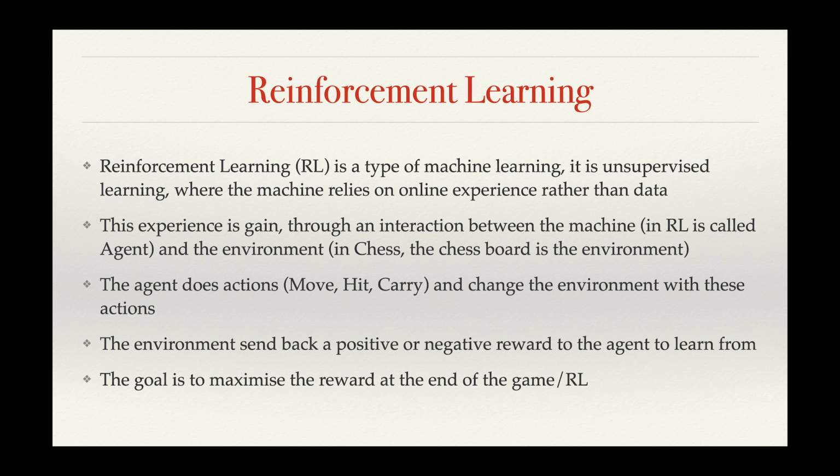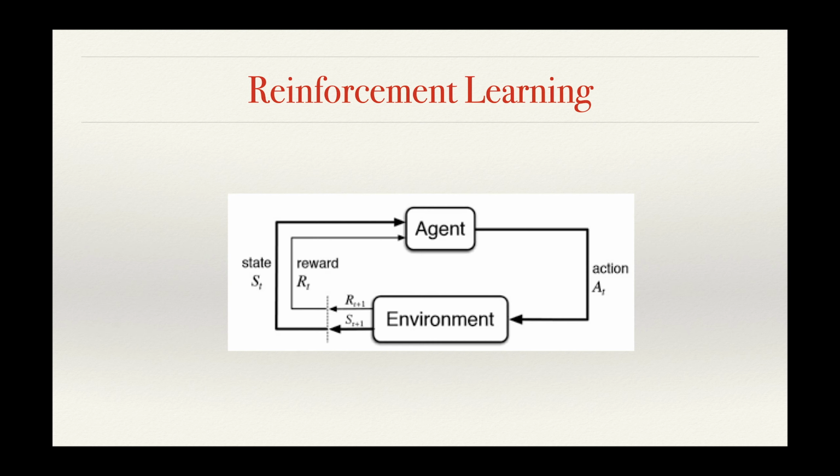The reward is like the utility of actions or of choices. So the goal of reinforcement learning is always to maximize the reward at the end of the game. I want to win the game, or win the task that this robot is trying to do, by maximizing the reward, which basically represents winning the game.